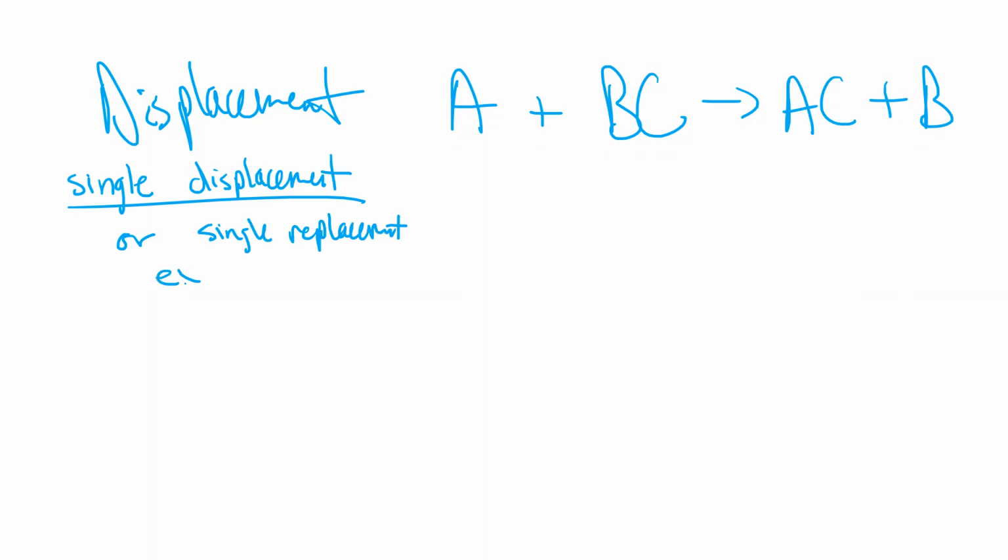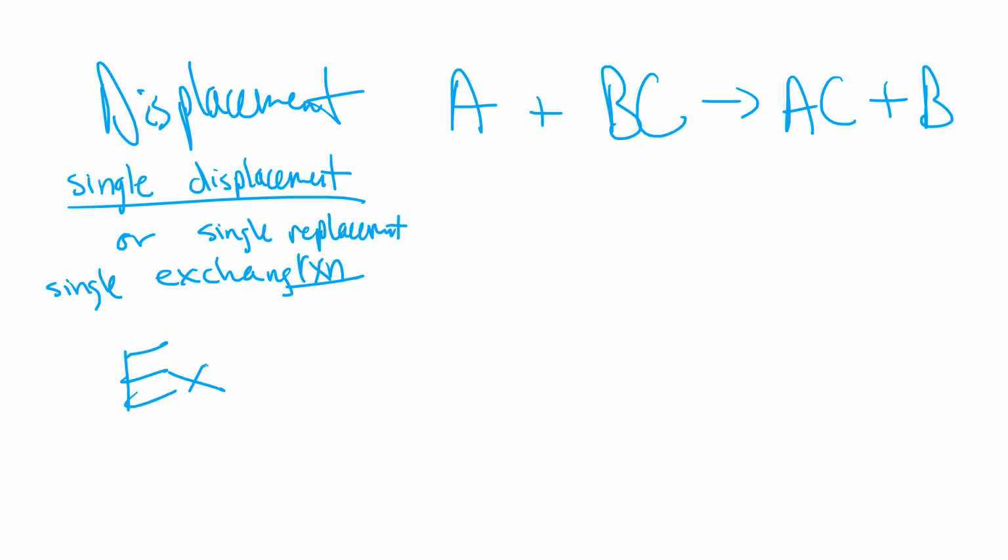Or you could call it a single exchange reaction. And yes, I will sometimes use RXN to communicate reaction because I don't feel like writing out the word reaction all the time. Displacement or single displacement, single replacement is that.